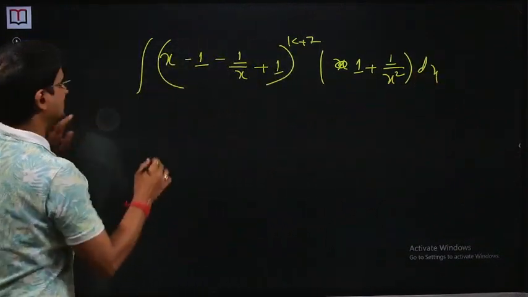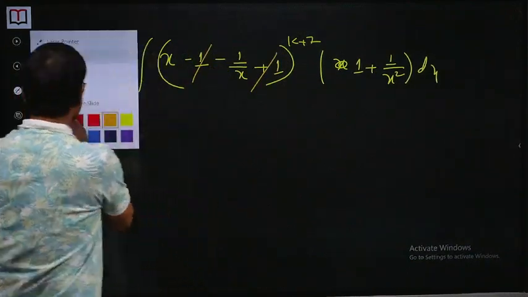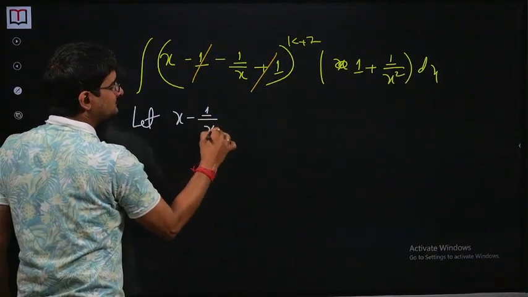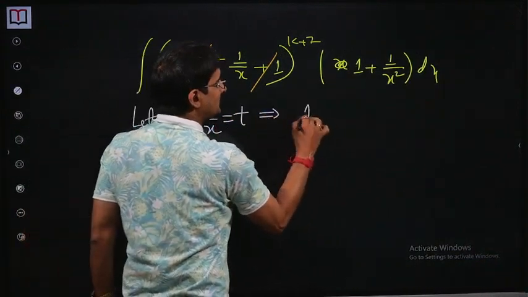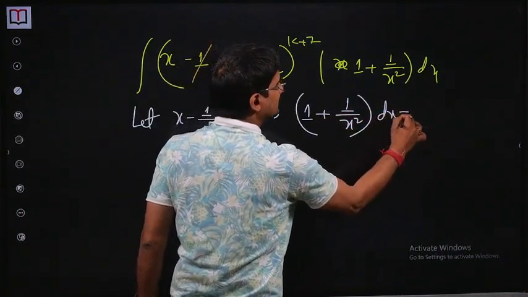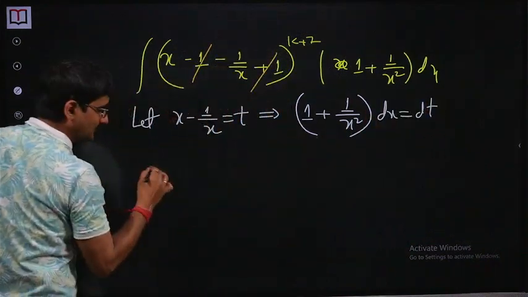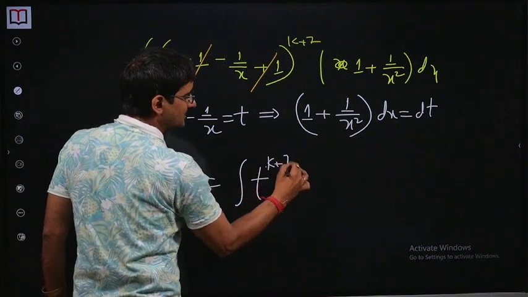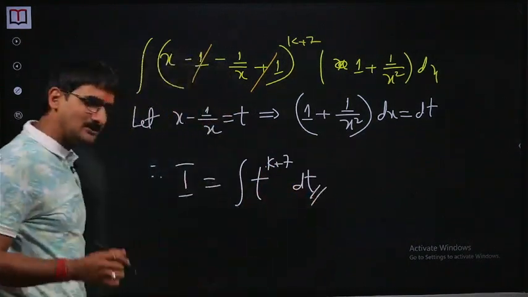So these terms are gone. If I let x minus 1 by x be t, its derivative 1 plus 1 by x square dx is dt. Fine. So therefore the integral is t raised to the power k plus 7 dt. That's it. So that's really a simple question.